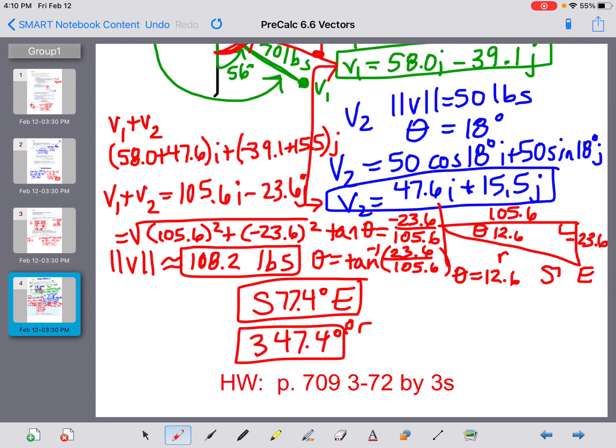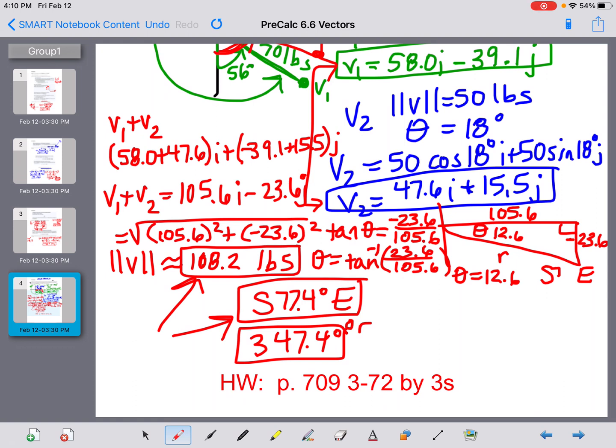It does say direction angle, so it does like that, the bearing, but I'm okay with the 347.4 since we had to also turn all our bearings into those angles as well, okay? So resultant force, an angle at the end, okay? That's kind of where I'm key at on that one.